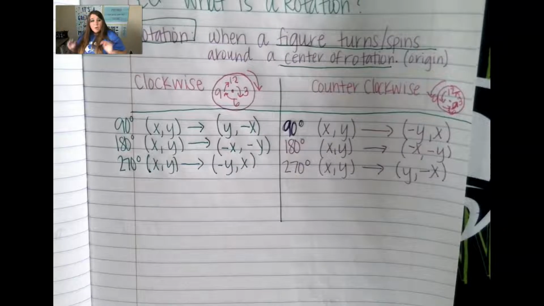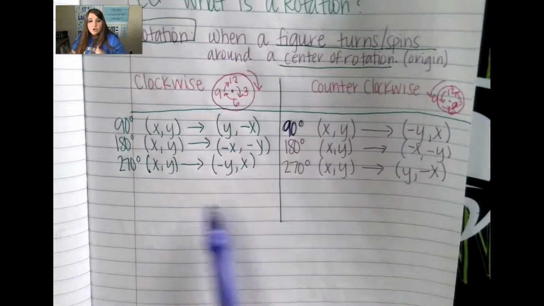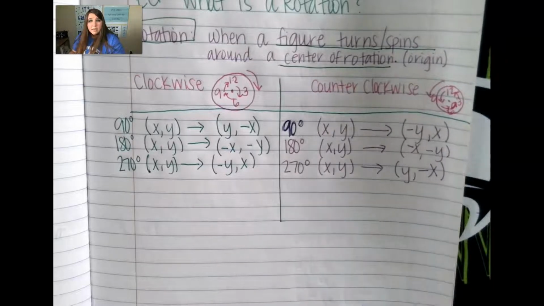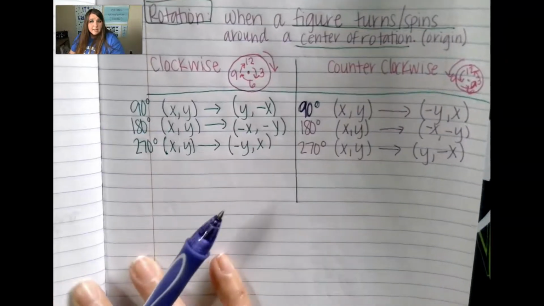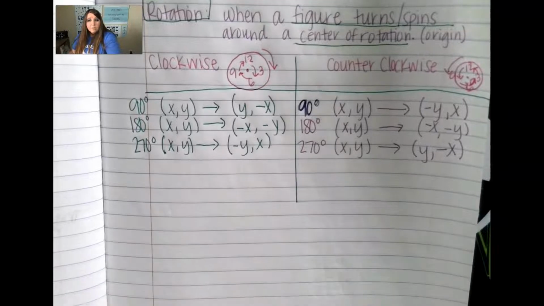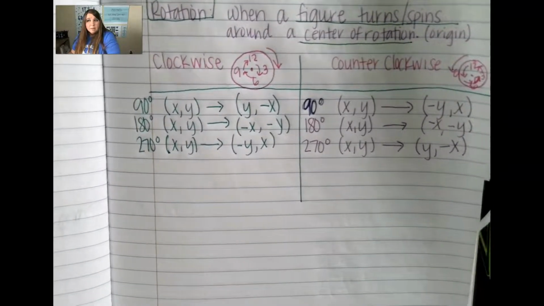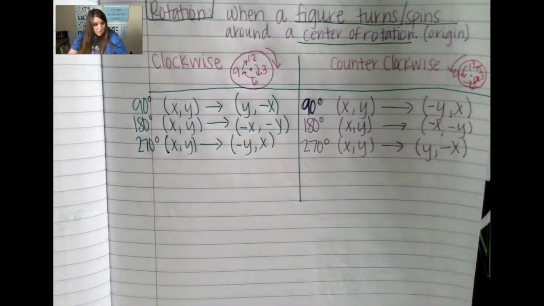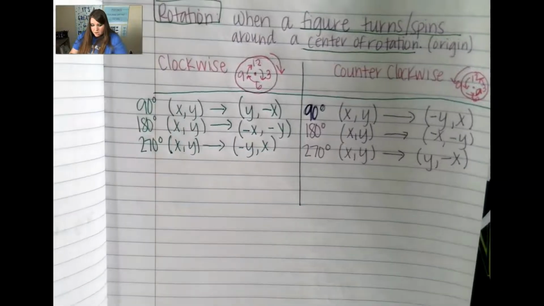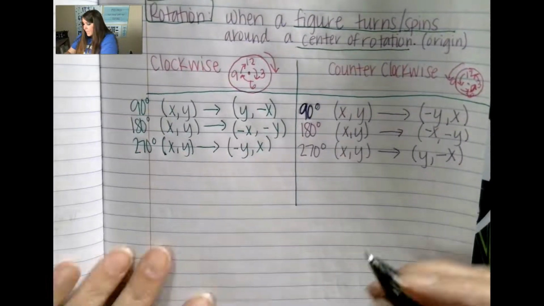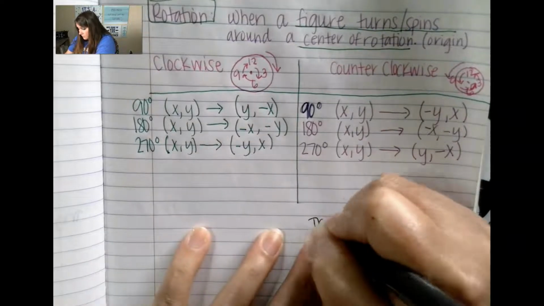Okay, so now that we have our chart built about what our new coordinates are going to look like, let's start to put this all together so that you can see what it looks like when we're graphing some figures. Okay, so the first figure that we're going to graph is a trapezoid.